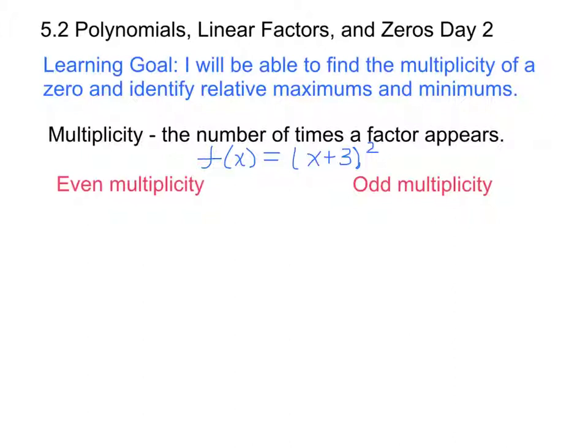If you have an even multiplicity, that means that when you graph it, it's going to do what we call touch and turn. It touches the x-axis and turns around.